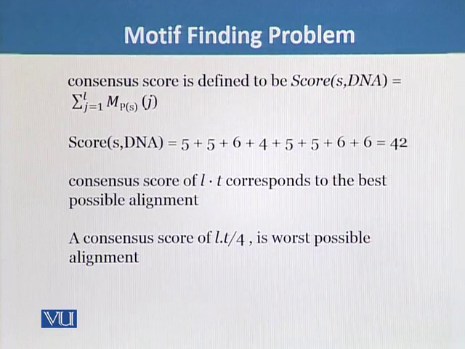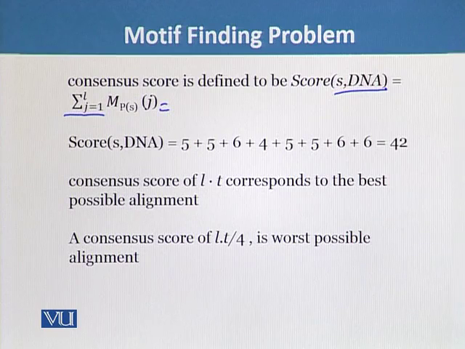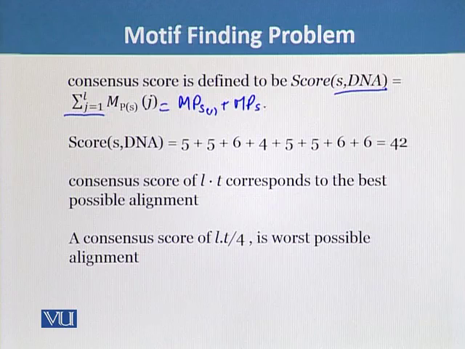So here we can define the consensus score as sDNA equals sigma over j equal to 1 to L of MPS j. So it means that we write this equation as MPS 1 plus MPS 2.